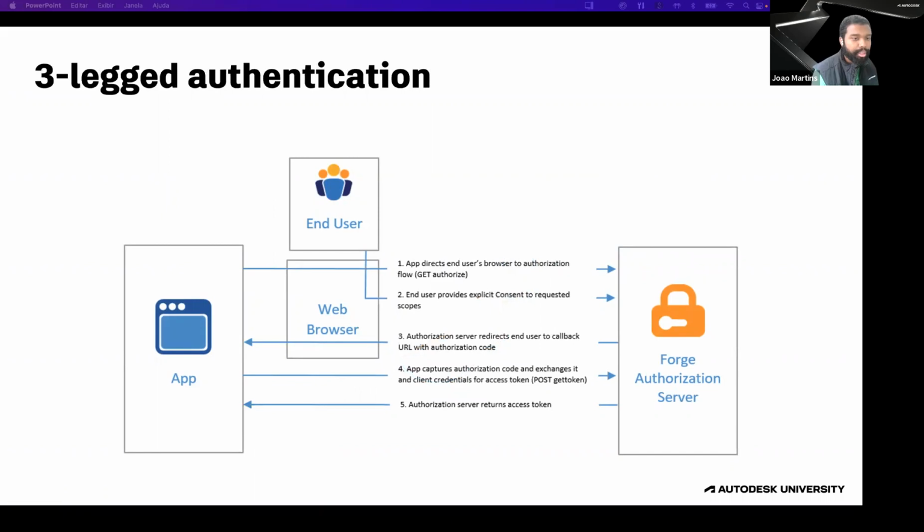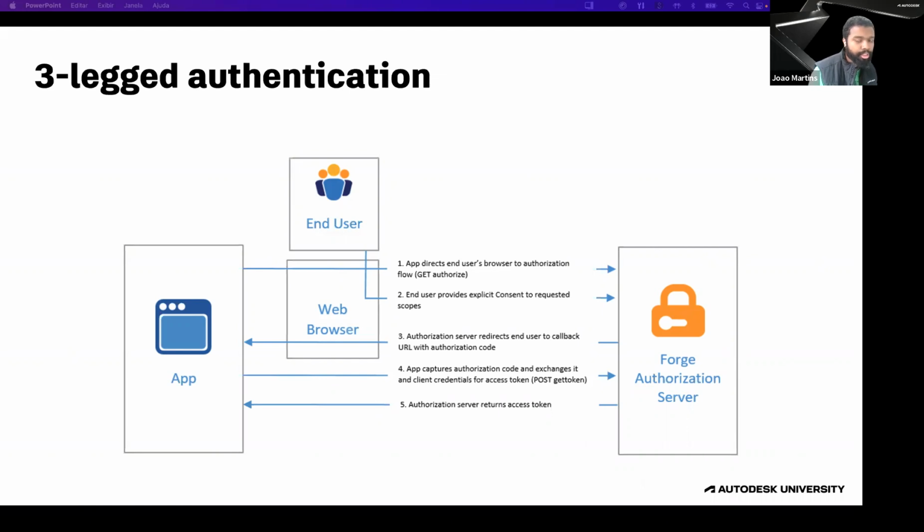What is the three-legged authentication? In this case, we need to manage our content in the context of a specific user. And the way it is done is through the process described right here on this diagram. First of all, the end user will access our application and we will have a button to log in.